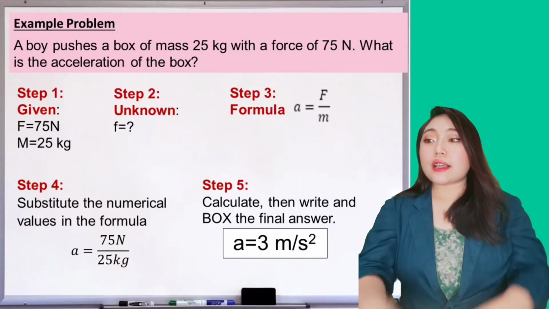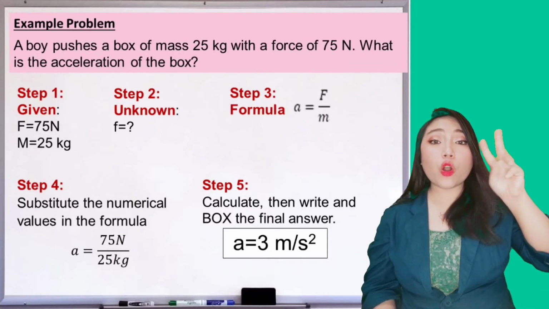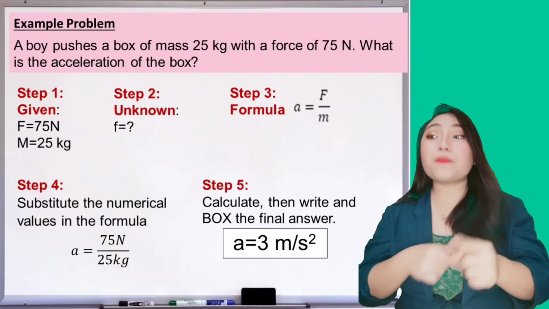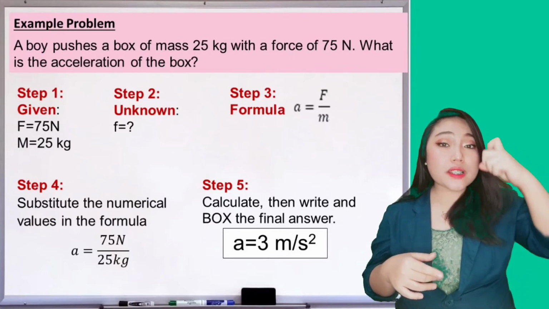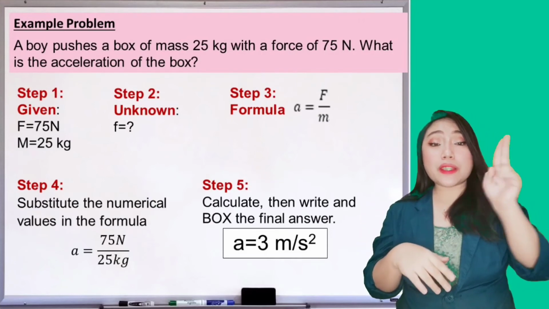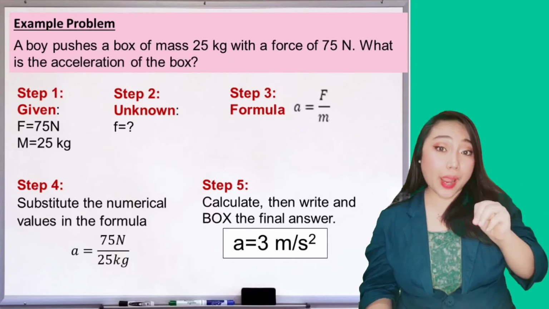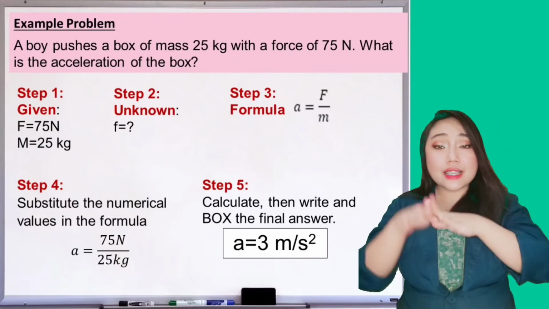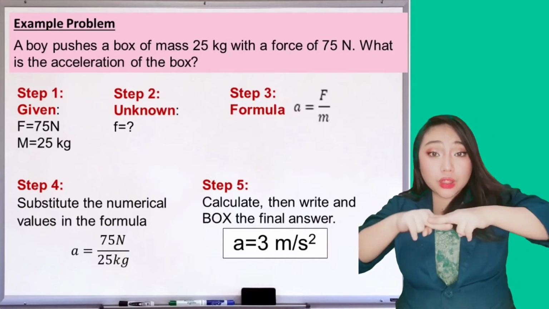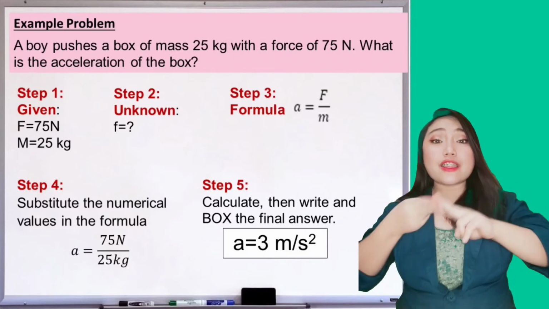Next, step 3, you write the formula on how to answer the problem. Because in step 2 you are looking for acceleration, you would be using A equals F over M. Next, step 4, you add the numbers in the formula.